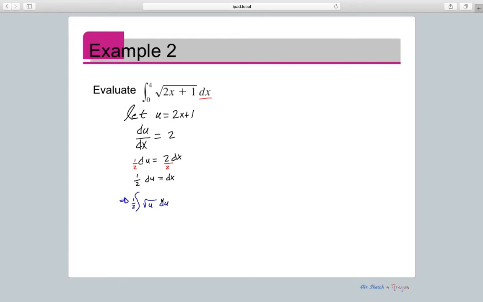All right, so now to update our limits of integration. So remember, we want to think, when x is my lower limit, which is 0, u is going to be 2 times that 0 plus 1, because that's the way I defined u, right? 2x plus 1.